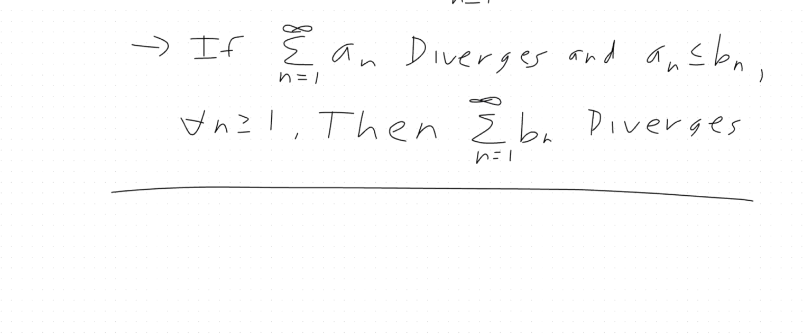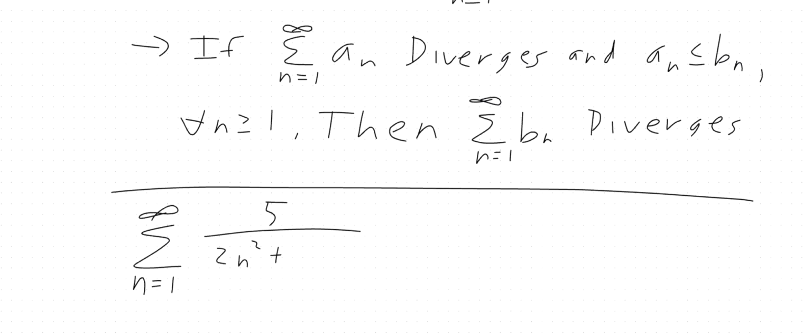So let's go with this one. So 5 over 2n squared plus 4n plus 3.